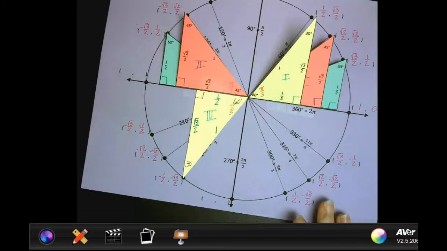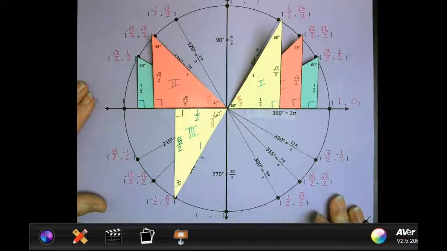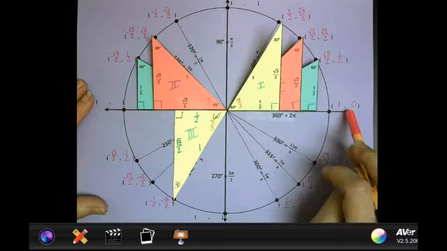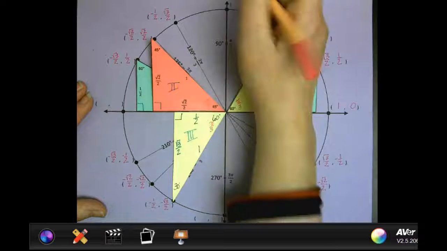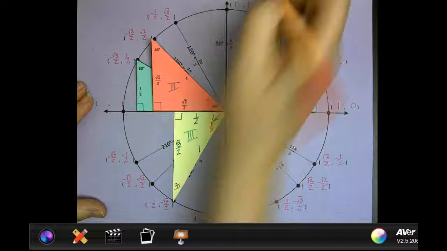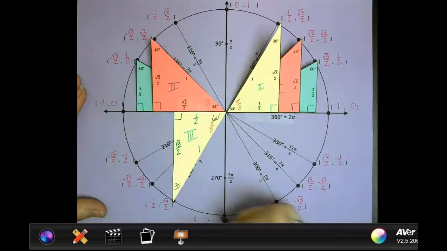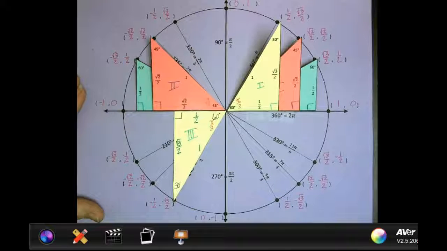All right. Then we are missing a few ordered pairs here. We have this one right here, B, 0, 1. And this one would be 0, negative 1. Okay.